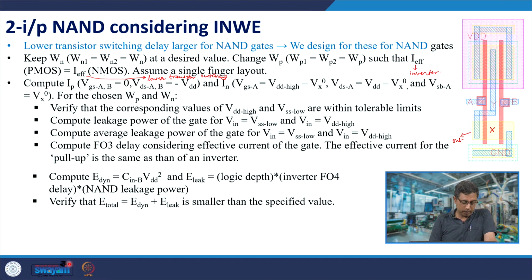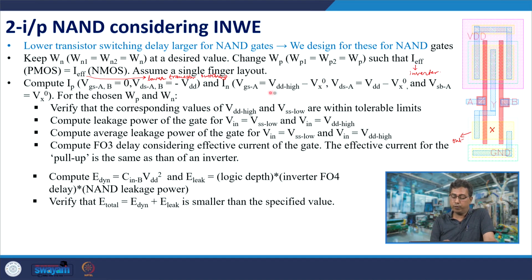What is the value of the intermediate node voltage under leakage consideration? For leakage through the N MOSFET, both the inputs A and B are at 0. In that case, we had said that Vx would be at Vx naught, and we calculated the value of Vx naught in the previous lectures.